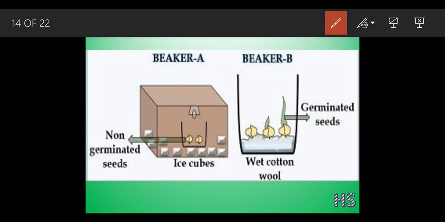Now let's perform this exercise. This is beaker A and this is beaker B. First we discuss the condition of beaker A. Inside beaker A we can see white ice cubes kept inside this box, and the box is closed.